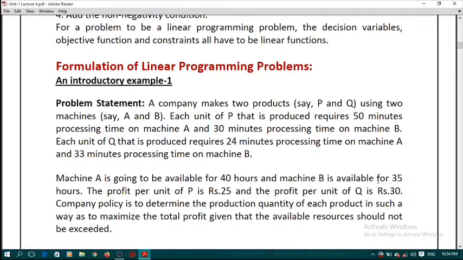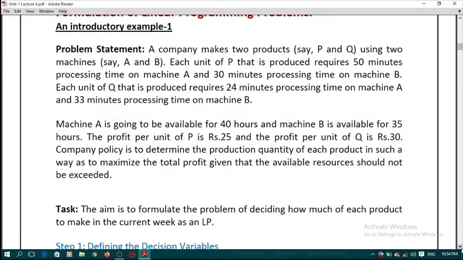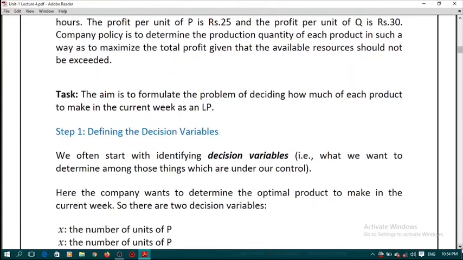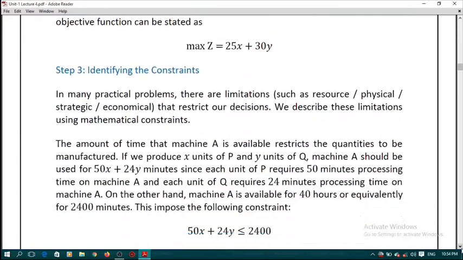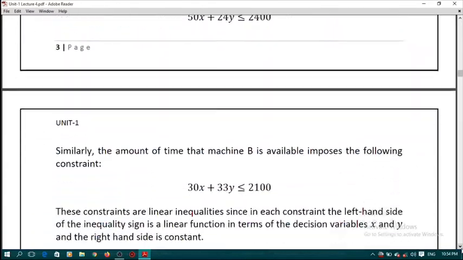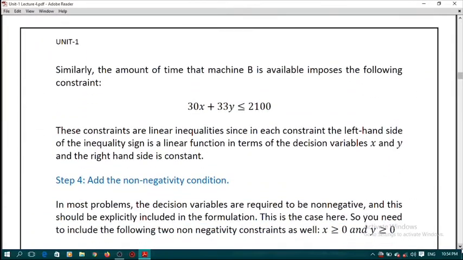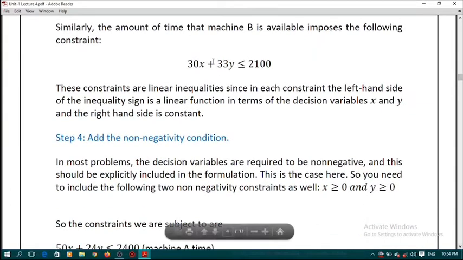machine B is available for 35 hours. So when we convert 35 hours into minutes, we get 2100 minutes, and that's why the second constraint is 30x plus 33y, which is less or equal to 2100.